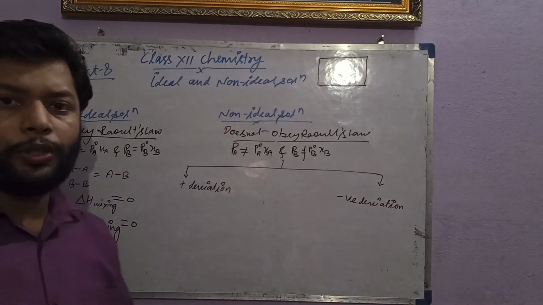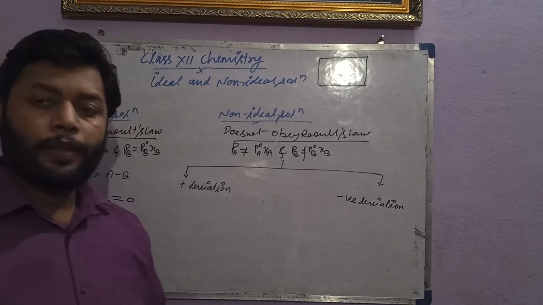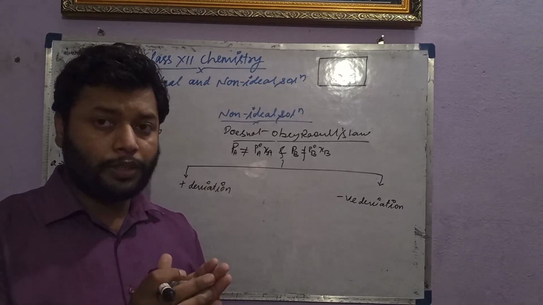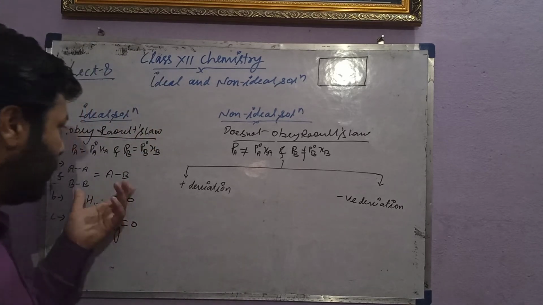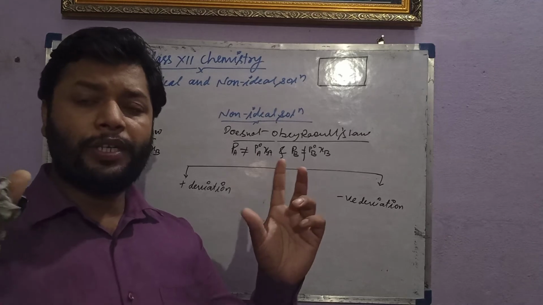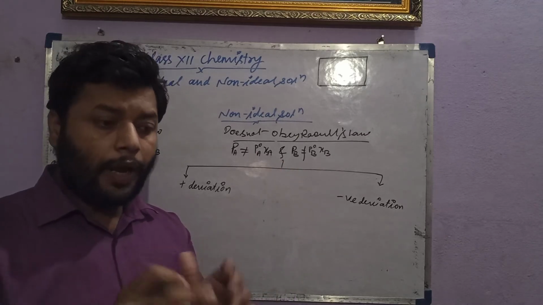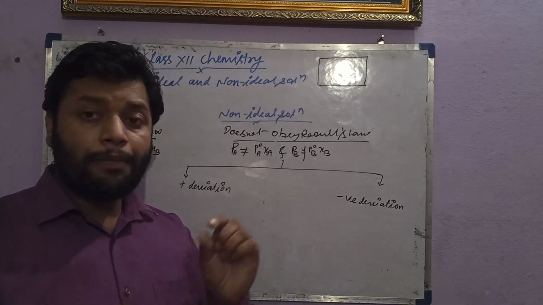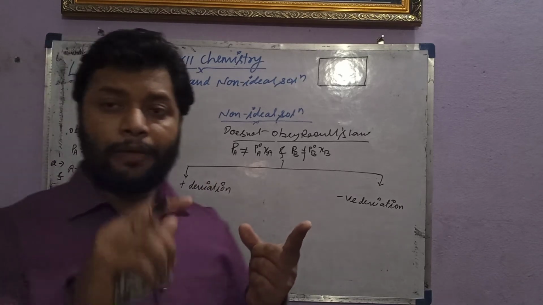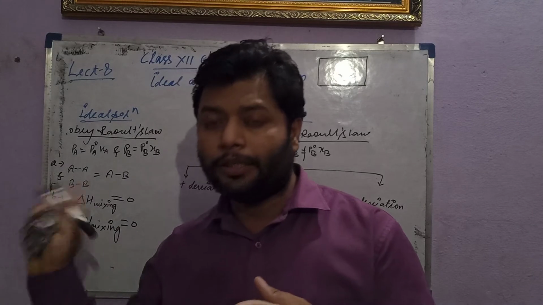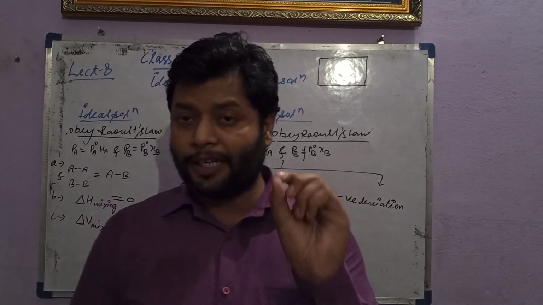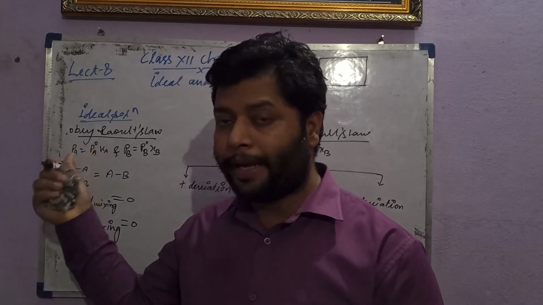Positive deviation, negative deviation means actually what should be the total pressure of the solution according to Raoult's law. Suppose we are mixing two different components together, and after mixing we observe that the pressure of the solution is actually greater than the pressure expected by Raoult's law.